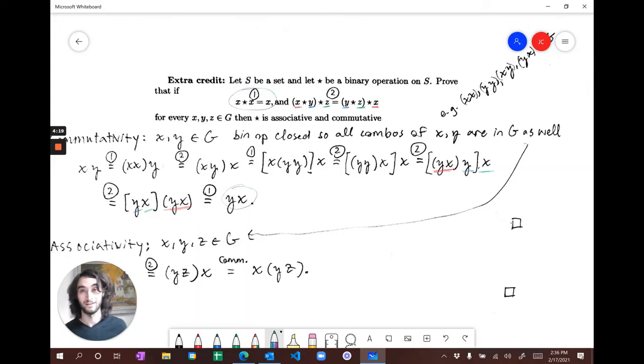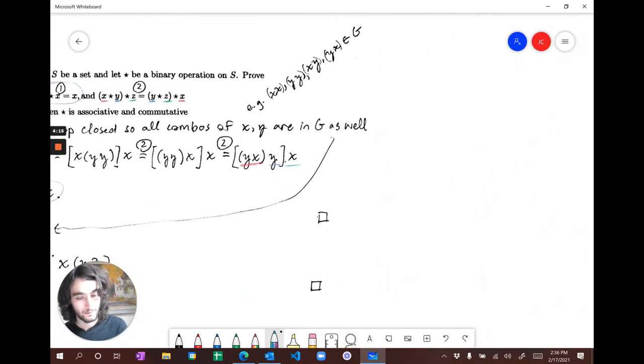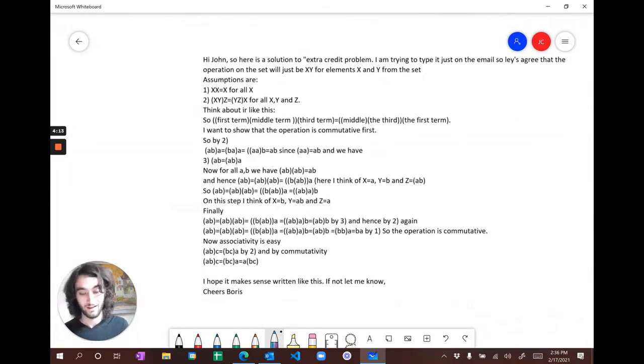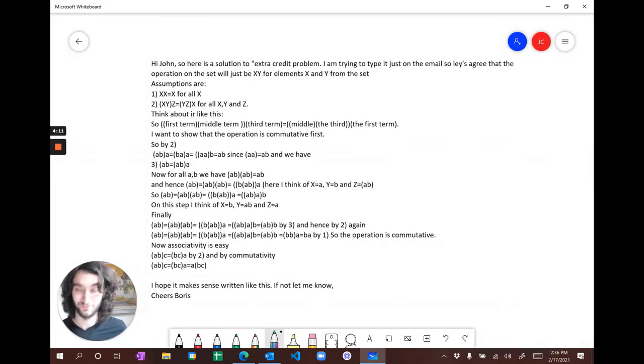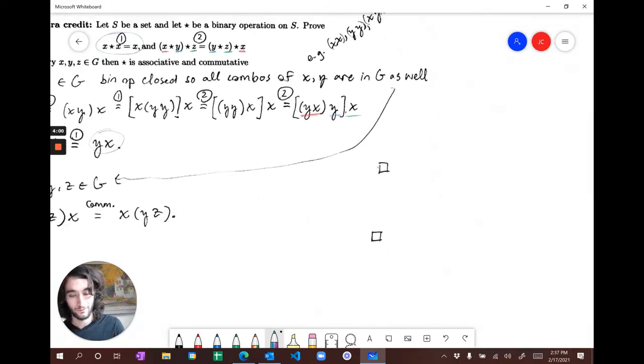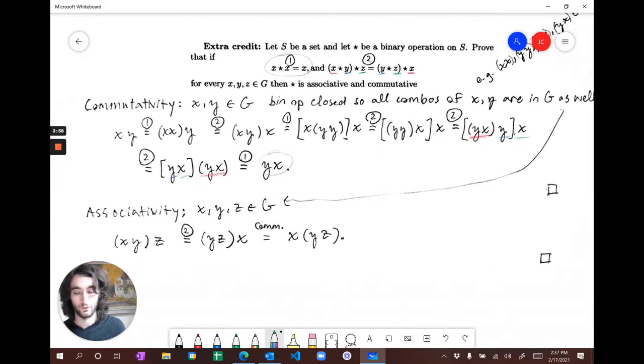I wouldn't have gotten this either, frankly. The professor sent me his solution, and I found it incredibly confusing. I don't know. I mean, I can kind of follow it, but it's definitely confusing, especially typed out. So maybe it would make more sense if it was written out. But this person seems to have found an even shorter solution than that.